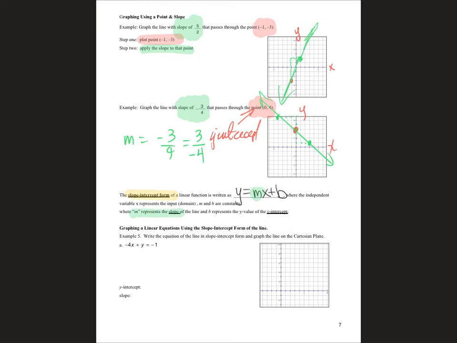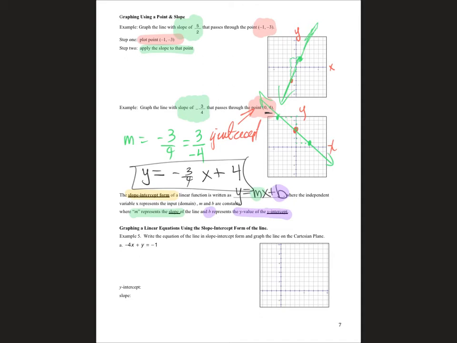The b is the y value of the y-intercept. Do I have that information for the previous problem? I do. If I wanted to write the equation of this line, y equals, what was the slope? Negative 3/4 x. What is the y value of the y-intercept? 4. So there's the equation. Not hard.